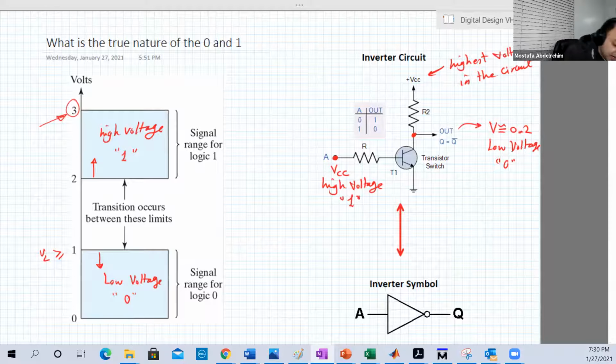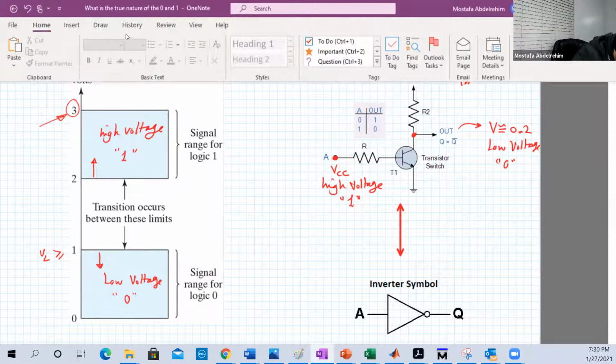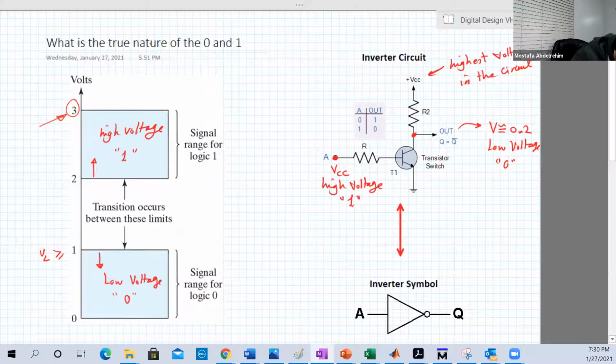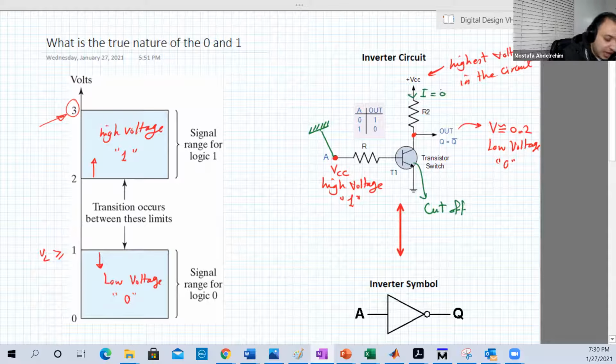And if you recall again, if you connect A to the ground, this will be cut off. In the cutoff region, the current will be 0, and the voltage here, VO, will be equal to VCC.